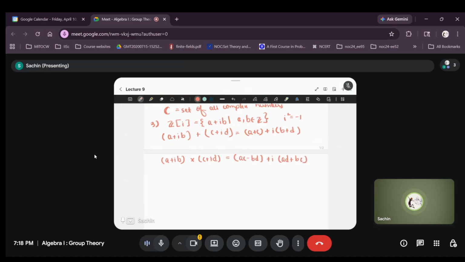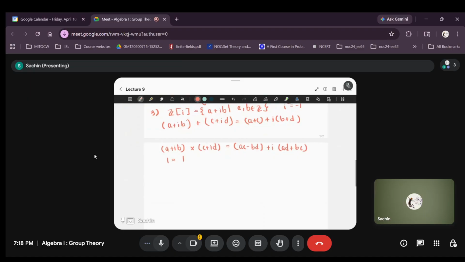And if a, b, c, d are all integers, then ac minus bd and ad plus bc are also integers. So this is also closed. And 1 you can write as 1 plus 0i, where 1 and 0 are integers. So the identity element is there for multiplication.